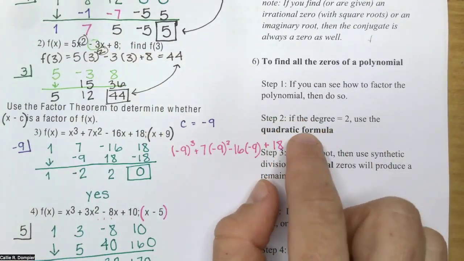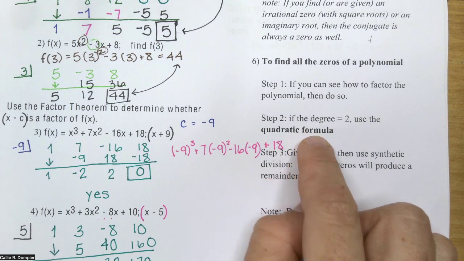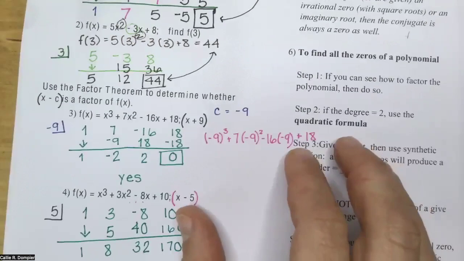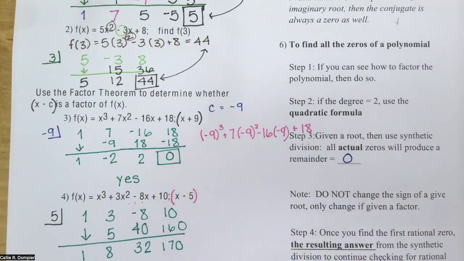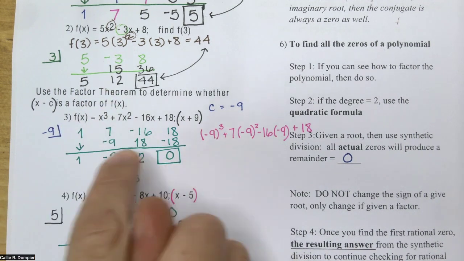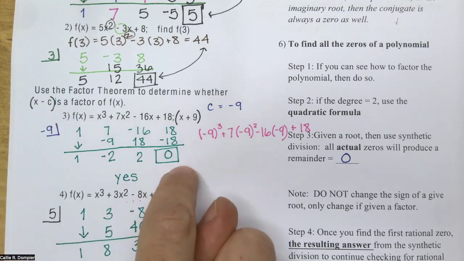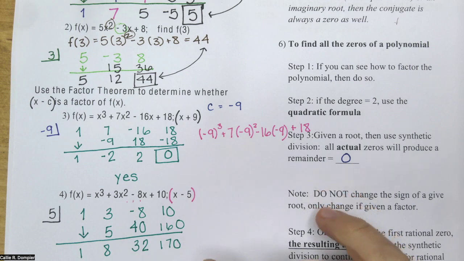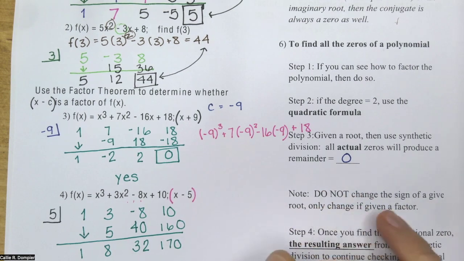If the degree is 2, you can use the quadratic formula if you cannot factor it, right? Then, if you are given a root, use synthetic division to test that the solution gives you a remainder of 0, and that will be an actual 0, okay? Do not change the sign of a root, only change it if given a factor.